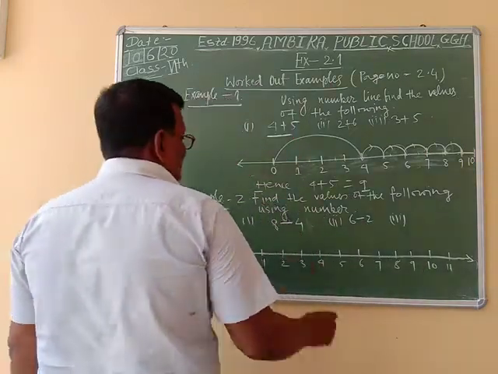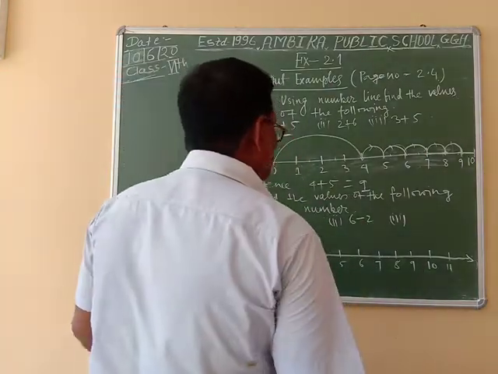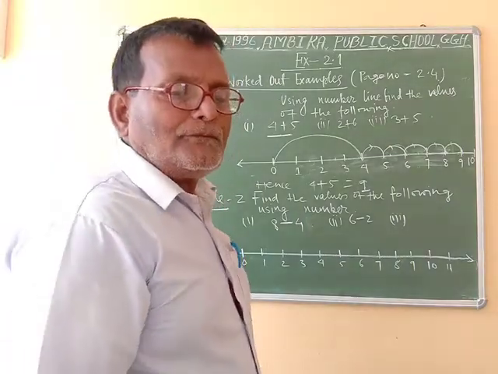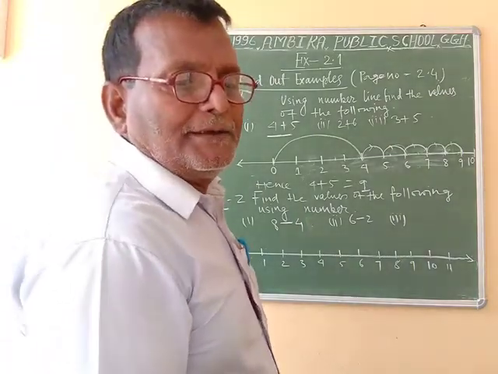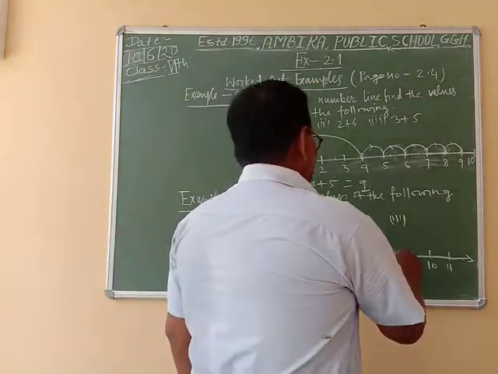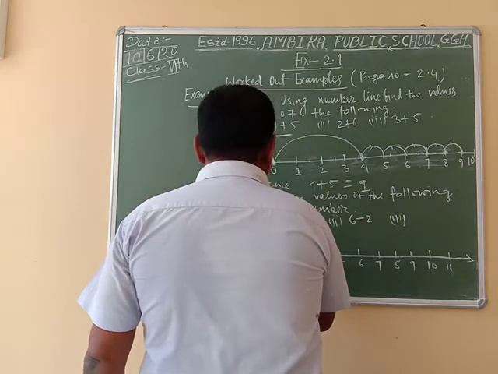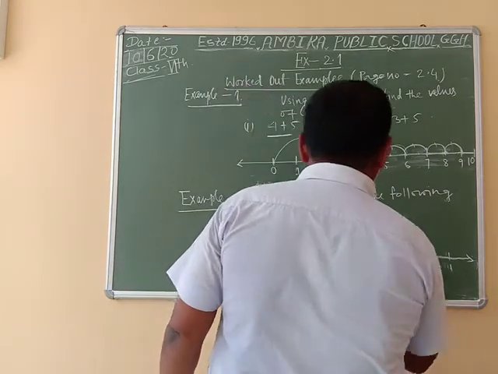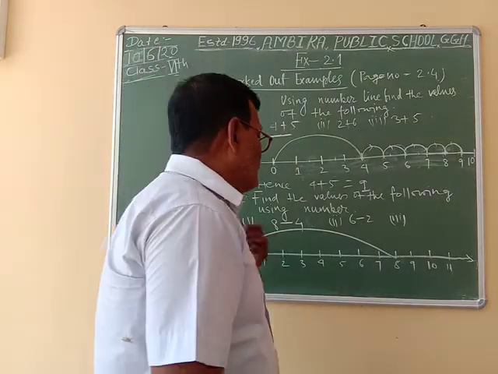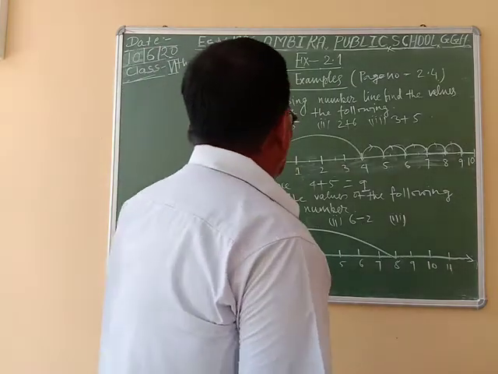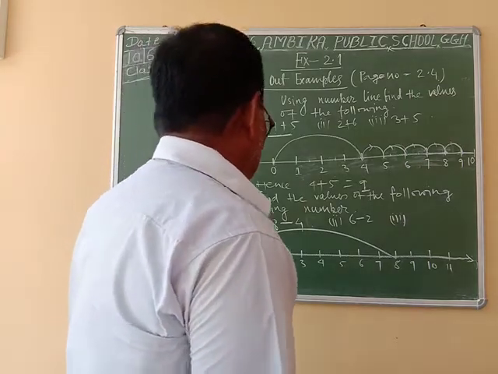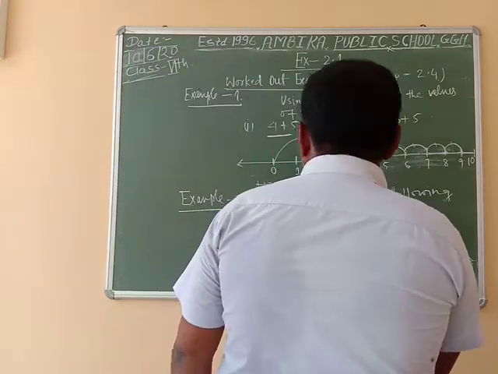Now we have to find the value of 8 minus 4. Starting from 8, we move towards left 4 steps.